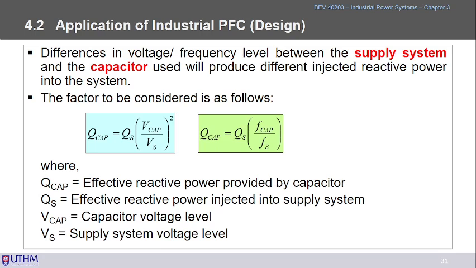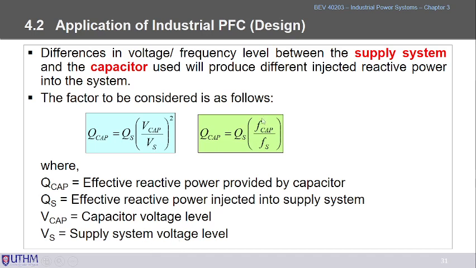One is the stored Q in the capacitor bank, and we call it Q cap. Q cap is the reactive power inside the capacitor bank itself, and Qs is the effective reactive power injected into the supply. So it depends on V cap and Vs. V cap is the capacitor voltage, and Vs, of course, is our system voltage, the supply voltage.